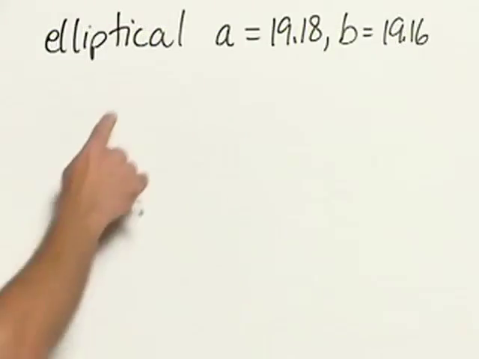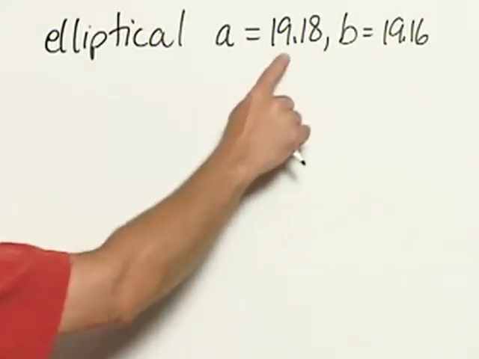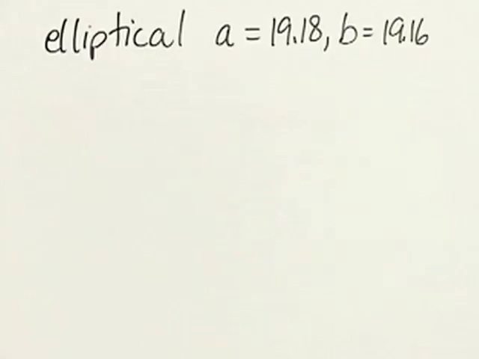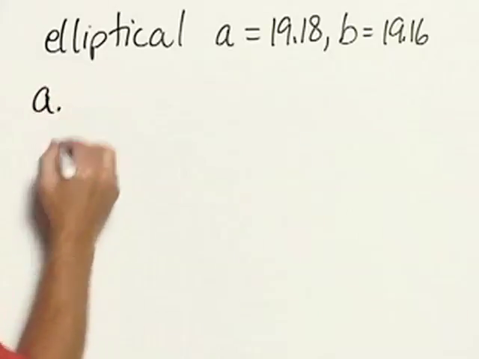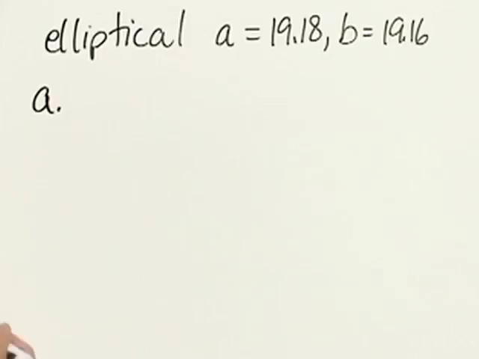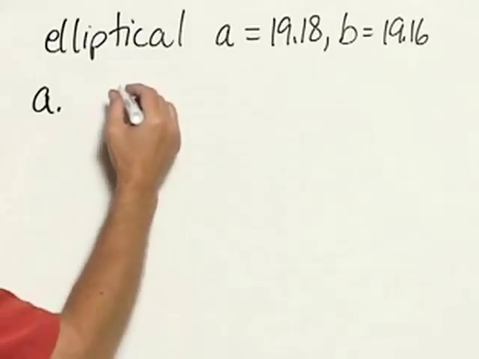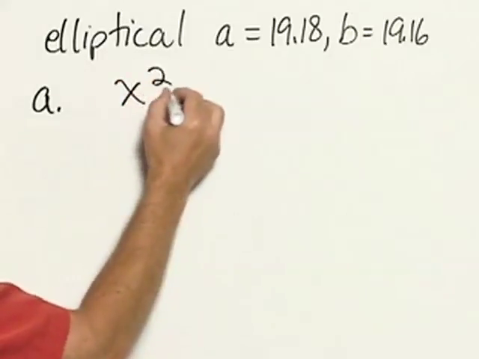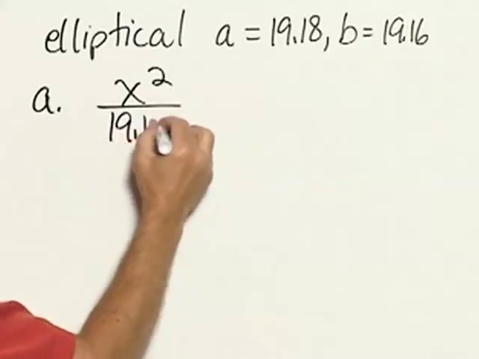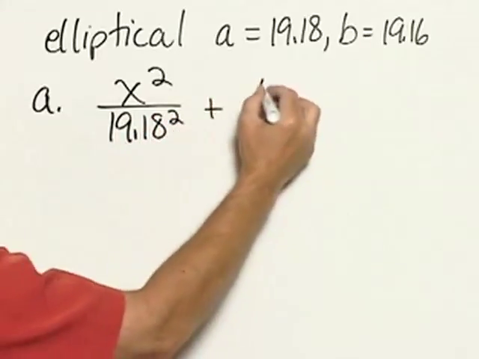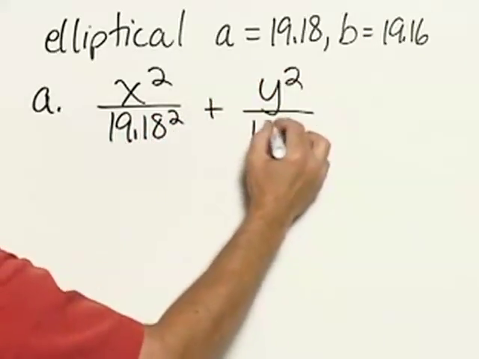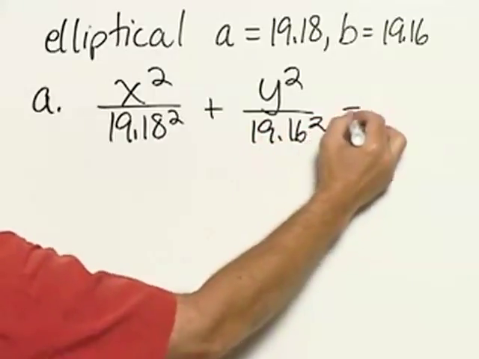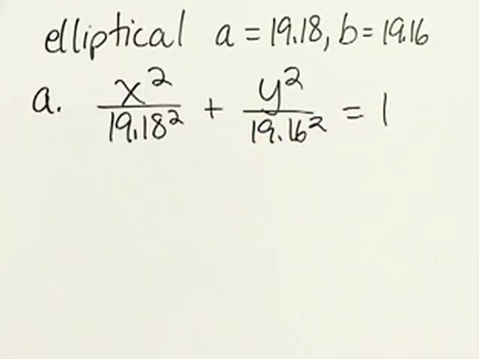So we know the orbit is elliptical, and here are our respective values of a and b, and we know the horizontal axis is the major axis, so our equation of the ellipse would be x squared over 19.18 squared plus y squared over 19.16 squared, and that's equal to 1.